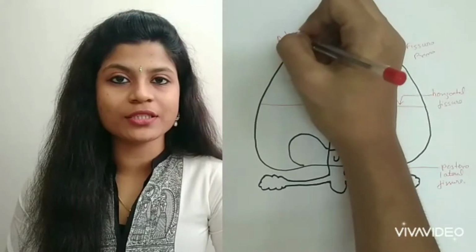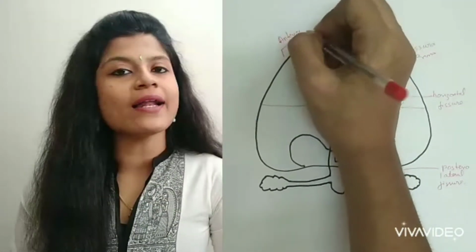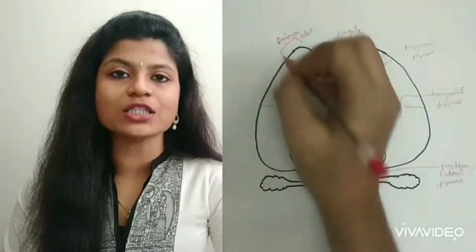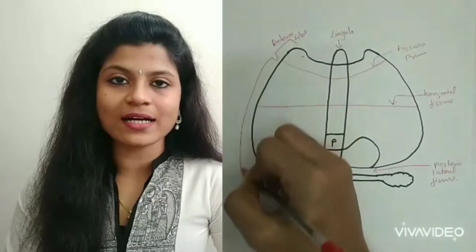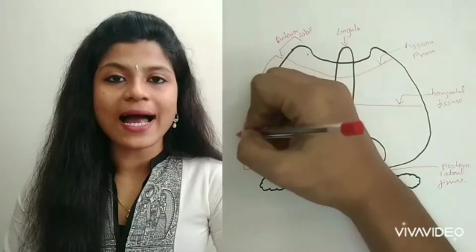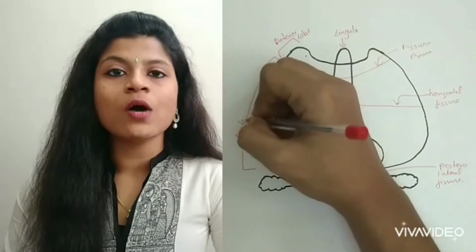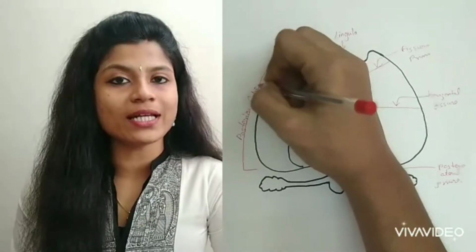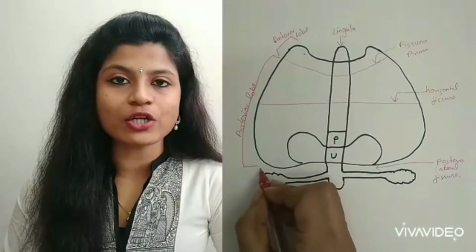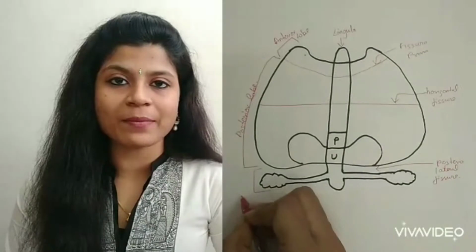Anatomical subdivision, in which anatomically the cerebellum is divided into three parts: anterior, posterior, and flocculonodular. The anterior lobe lies in the superior surface in front of the fissura prima.